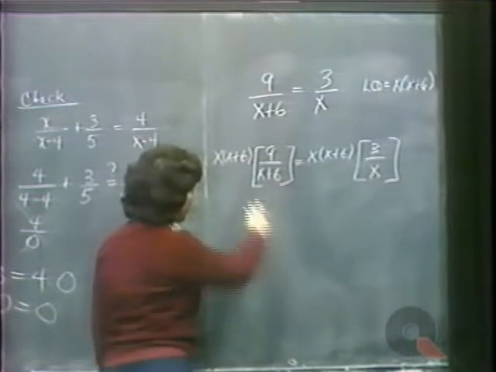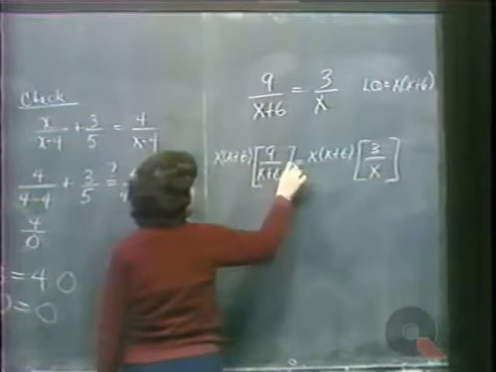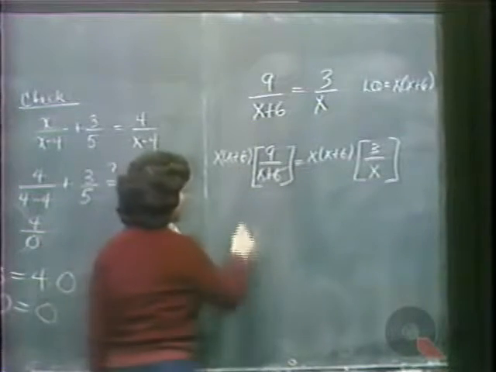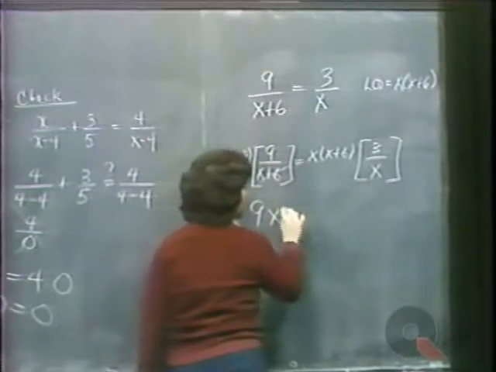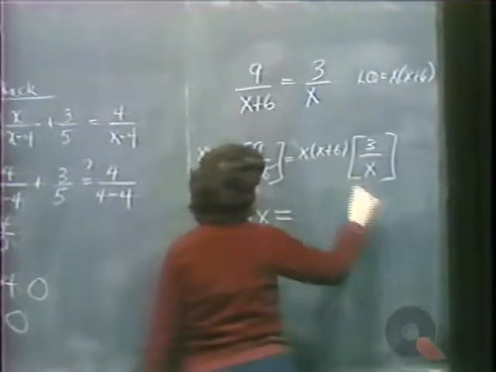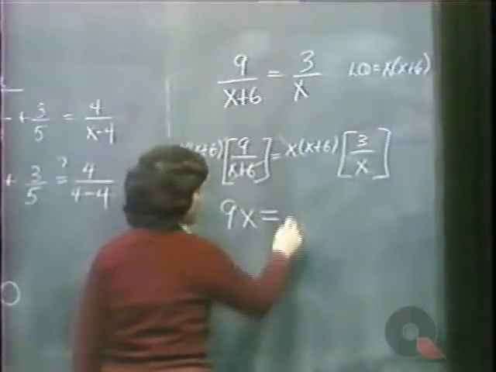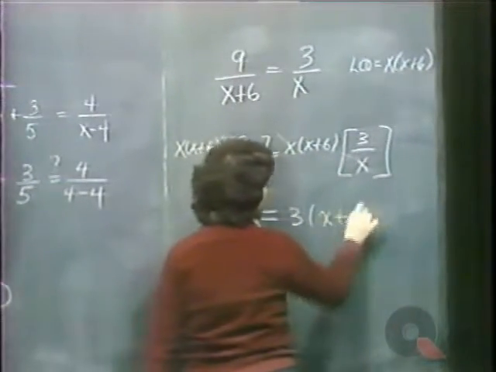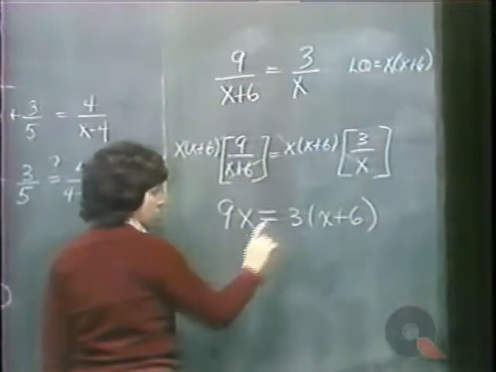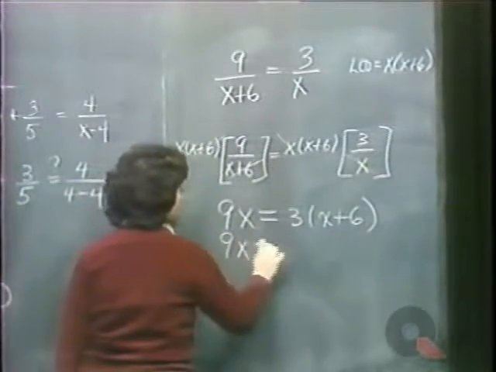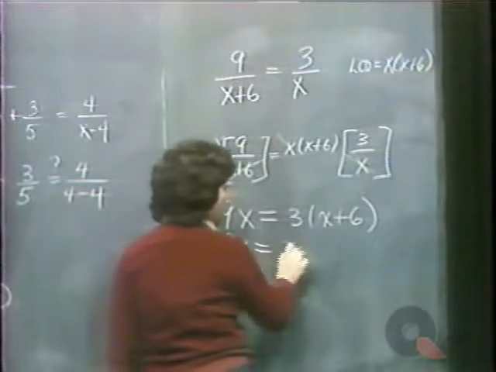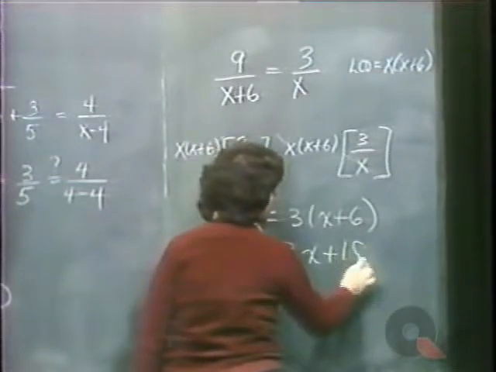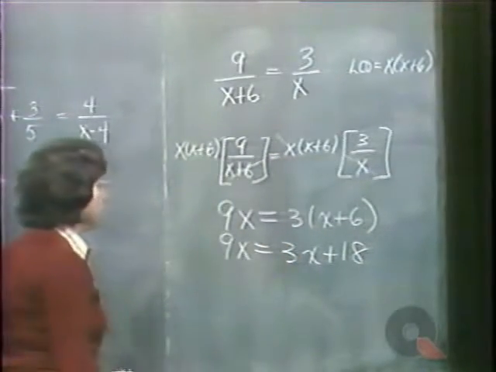On the left side of the equation, the x plus 6 is canceled, and we are left with 9x. On the right side, the x's cancel, and we are left with 3 times x plus 6. To solve this equation, we will distribute the 3 through the parentheses.